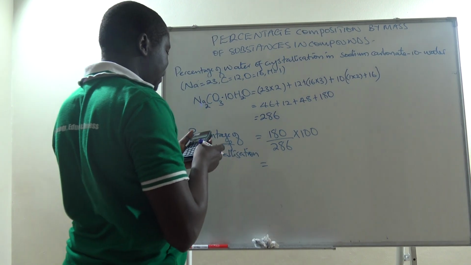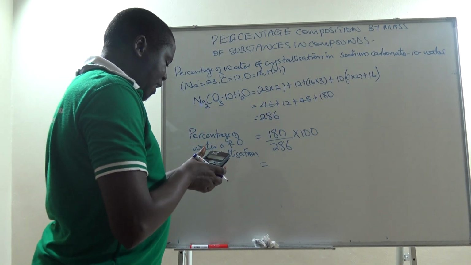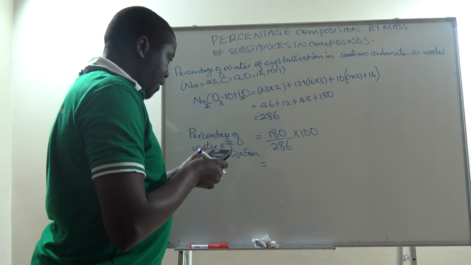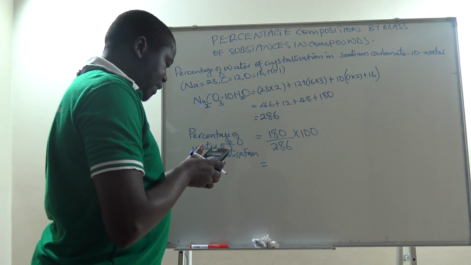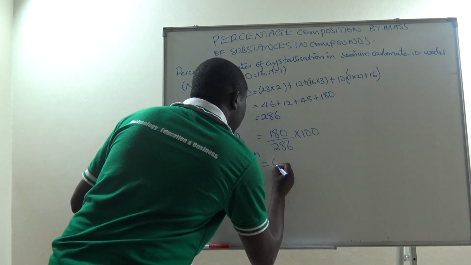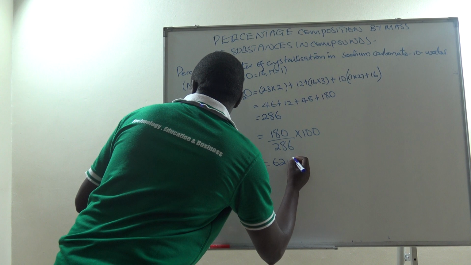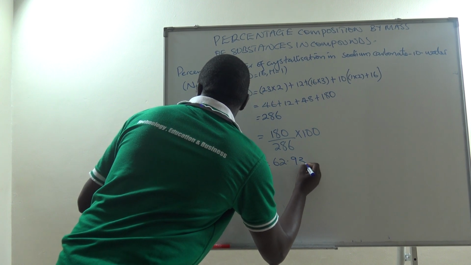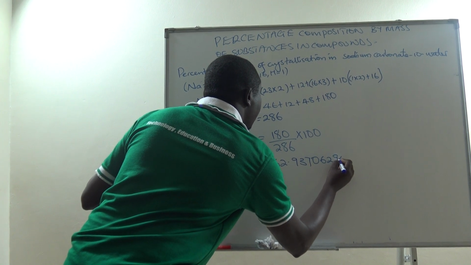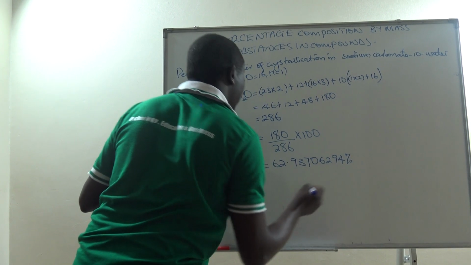And what do we get in this case? We shall have 180 times 100, and we divide by 286. And we have got 62.9370694%.